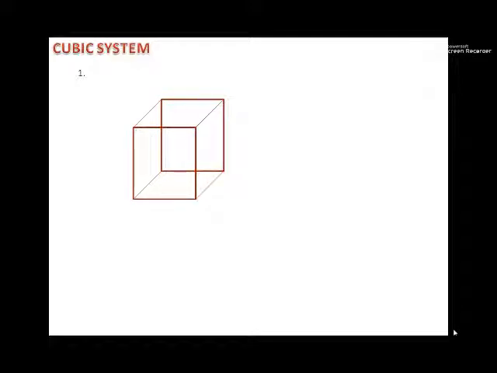First, choose a cubic system. Now this is the plane for which you are going to calculate the Miller indices. Now definitely you choose the origin at this point. Is this choice correct? No, because the plane is passing through the origin. So the origin choice is not correct.